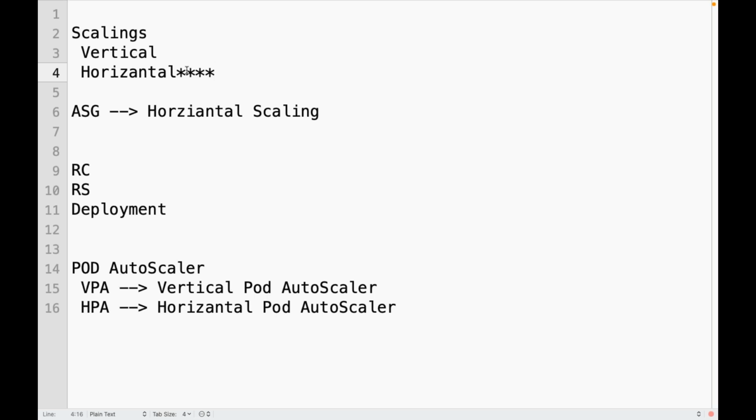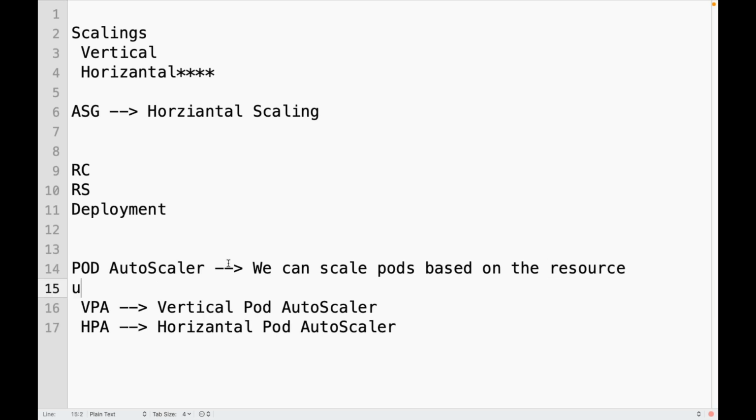But based on what? We can scale pods based on the resource utilization of the pods. What is resources here?